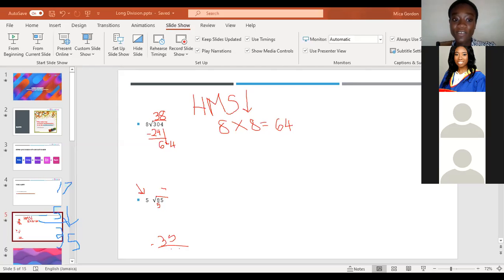Divided by what? It's on the screen, 540 divided by 15. You're not seeing it on the screen? I'm only seeing the previous one that we just did.